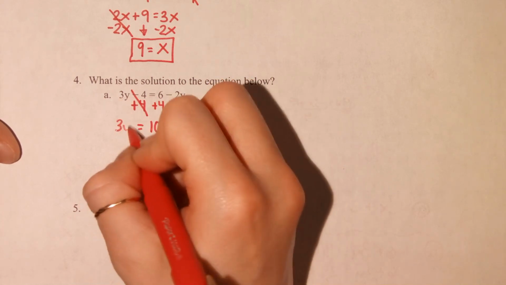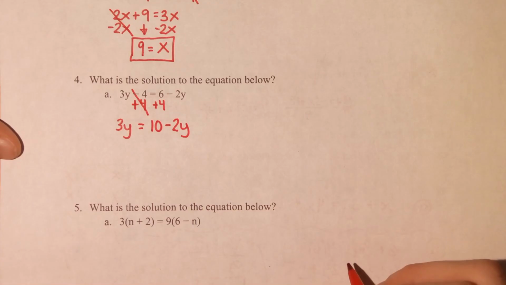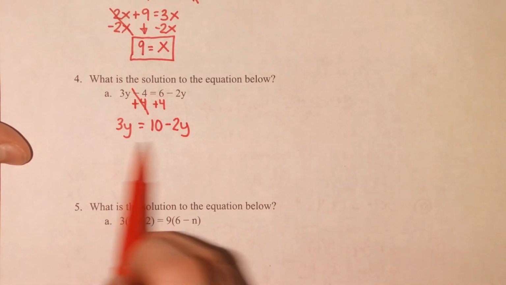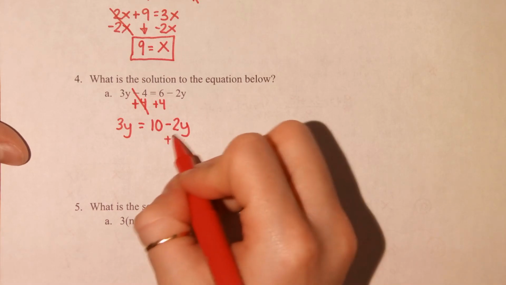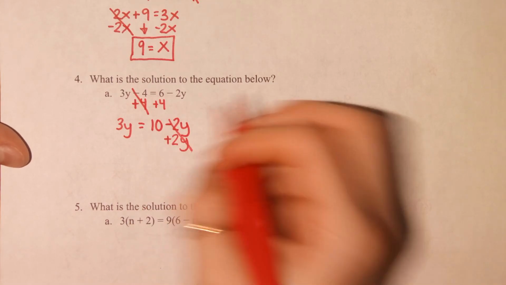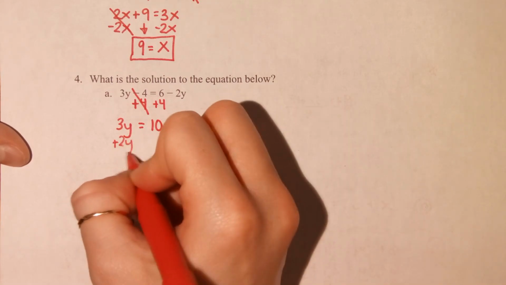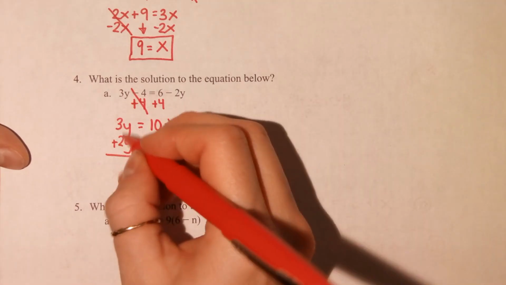I want to get my y alone on one side of the equal sign, and this one is the easiest one to get rid of. So we're going to add 2y to both sides. 3 plus 2 is 5. And then I just bring my 10 down, like that.